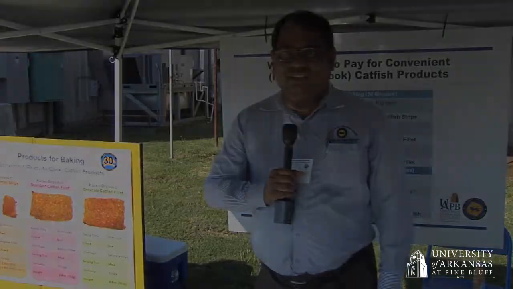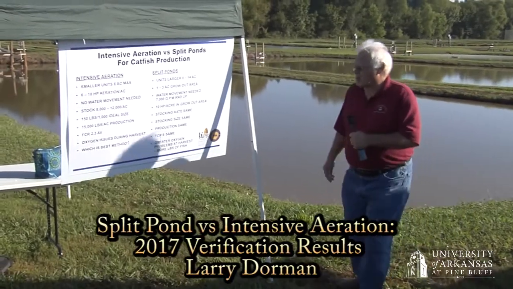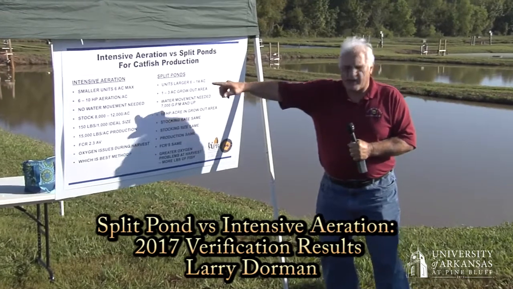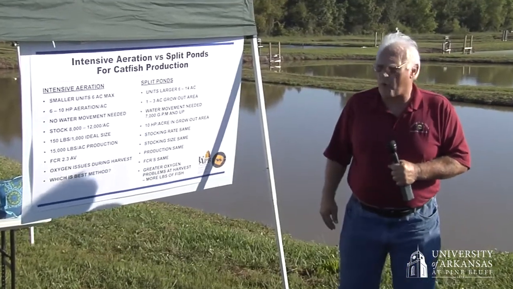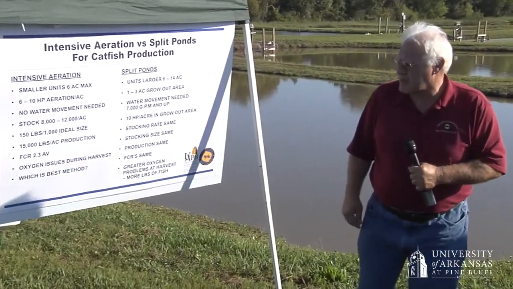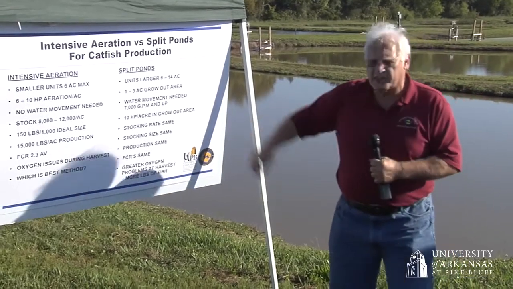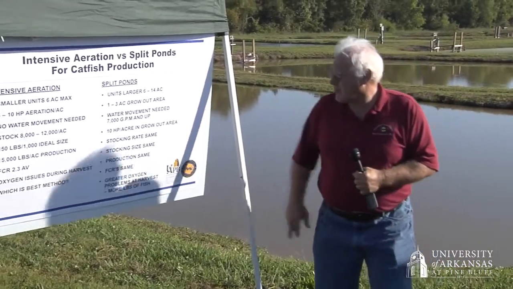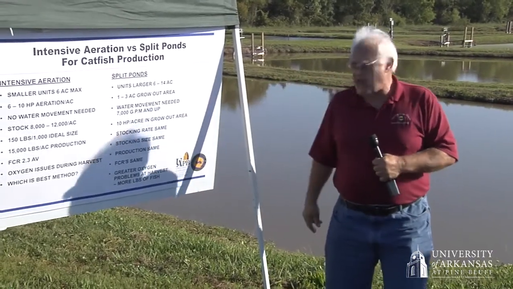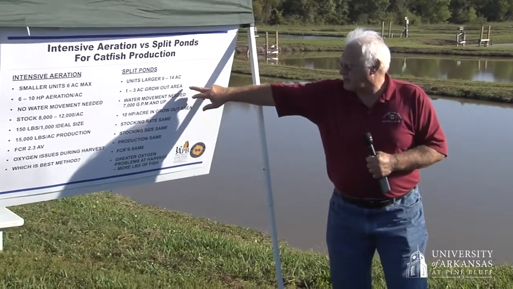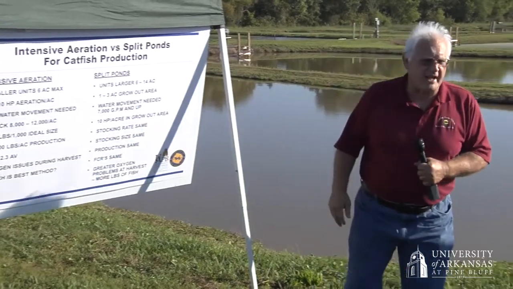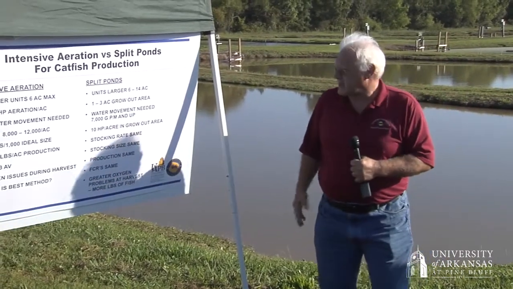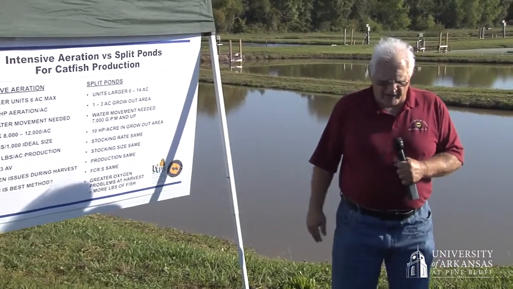Thank you very much. Anyway, if we start comparing the units, the intensive aeration ponds are smaller. You're looking at about 4.2 acres for ours, up to about 5.8, the biggest one. Split ponds, pretty much made from existing ponds that were on farms, range from 6 to 14 acres. You have about 1 to 3 acres where the fish are actually stocked, where there's actually a division, and that's where the fish are grown.